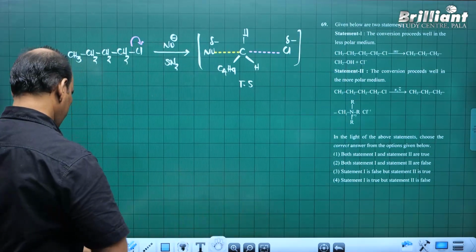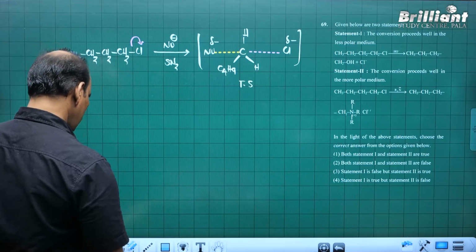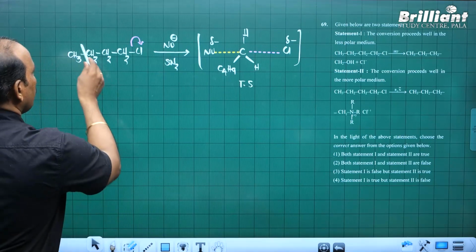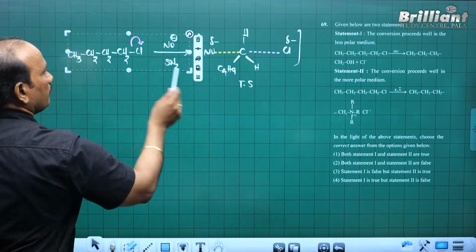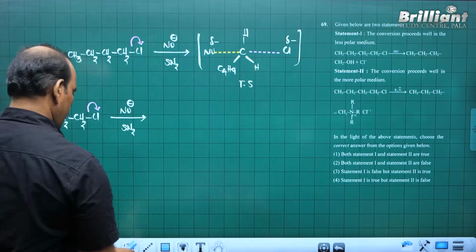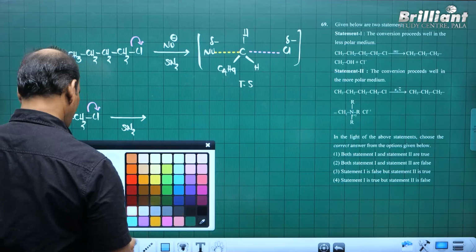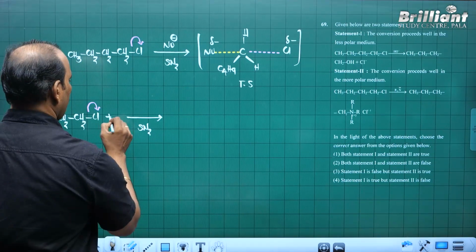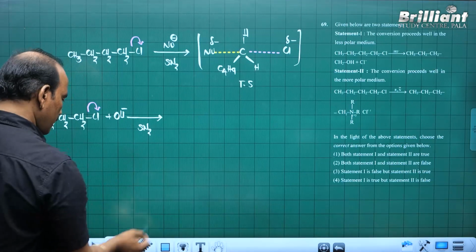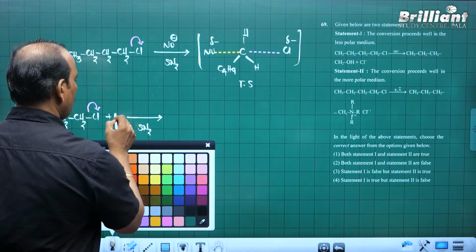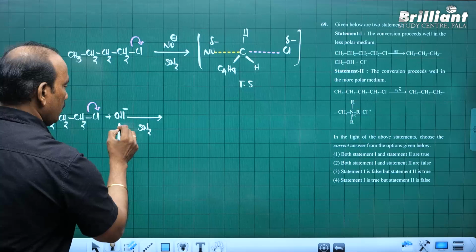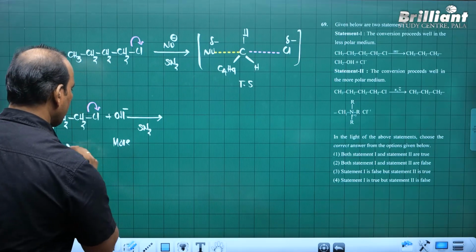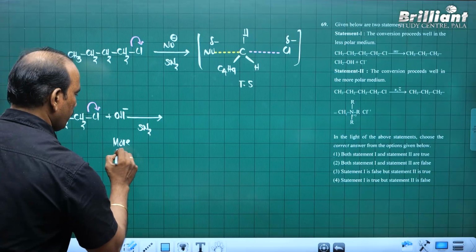In this one, here 2 are there. This OH minus ion is there, and OH minus ion is already a strong nucleophile, a charged particle. This is more polar, the reactants are totally more polar.